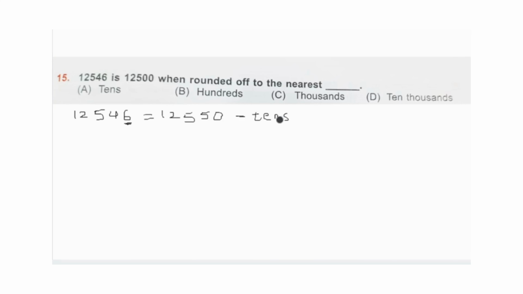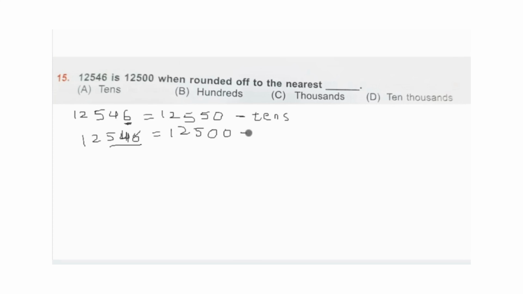Okay, now let's round off to the nearest hundreds. 1, 2, 5, 4, 6 is our original number, and we are trying to round off to the nearest hundreds. If you look at this, it's 546. 546 is lesser than 550 or 600 for that matter. So when you round it off, it's going to be 12,500.